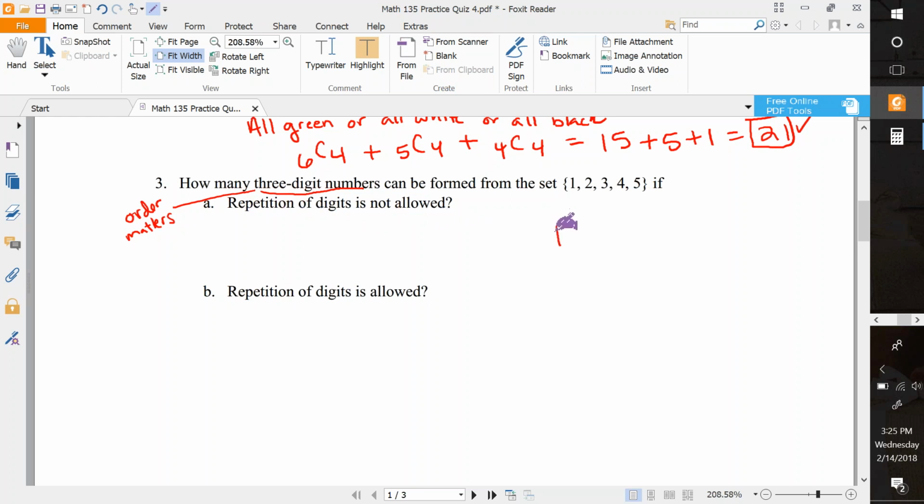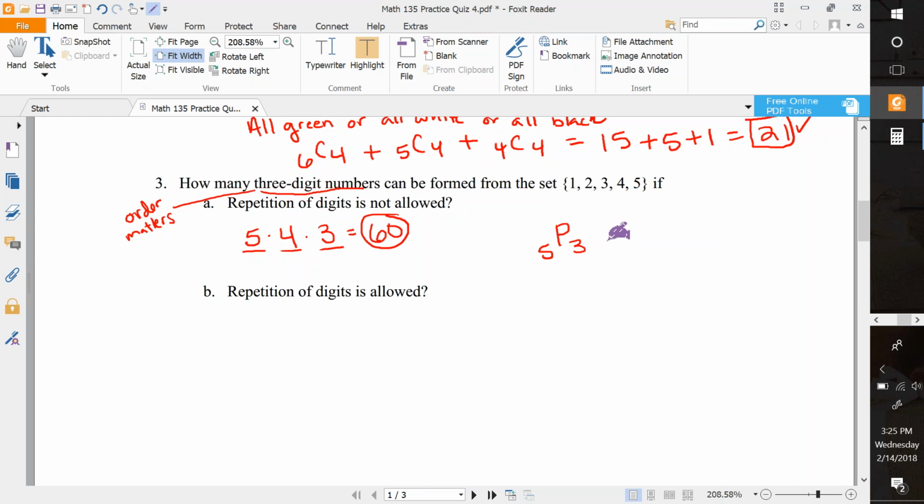You could say I have 5 items and I'm going to pick 3 of them. So 5P3. But if you didn't think of it that way, you could have made the slots. You have 5 elements. You can choose 5 for the first spot, 4 left for the second spot and 3 left for the third spot. So that is 20 times 3, so there's 60 ways that you can do that.